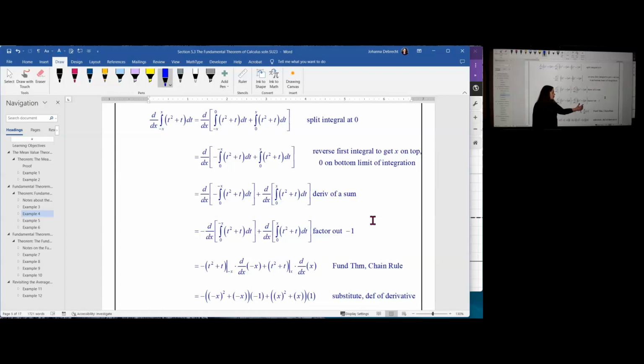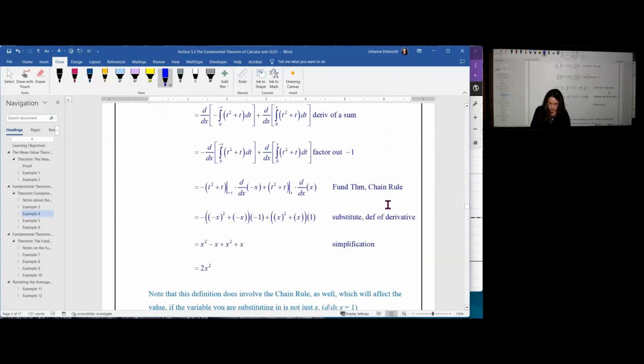The second one is going to again give me the integrand, t squared plus t, evaluated at the upper limit of integration. Substitute that in place of the variable t. And then we multiply by the derivative of the upper limit of integration, which in the second one will just give us a 1.